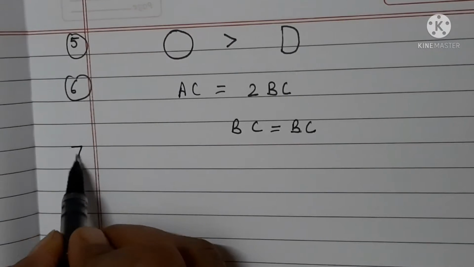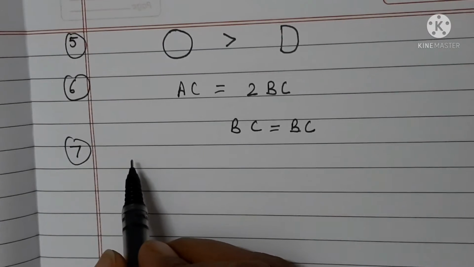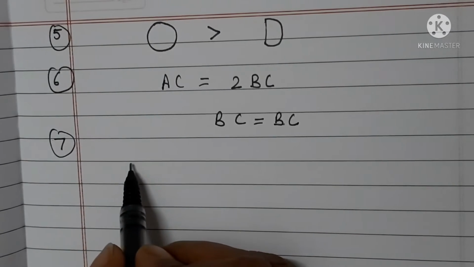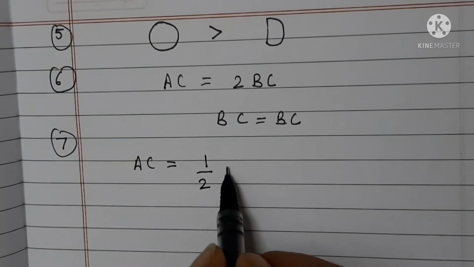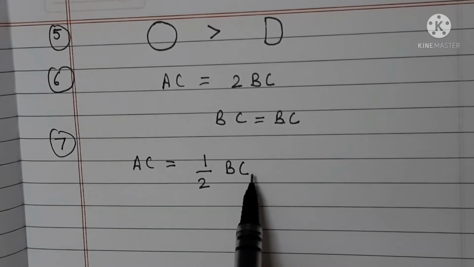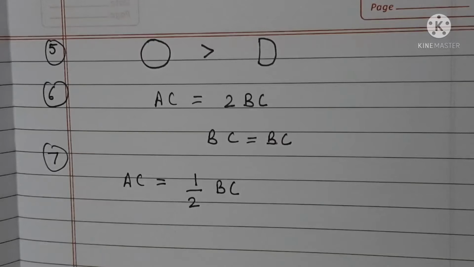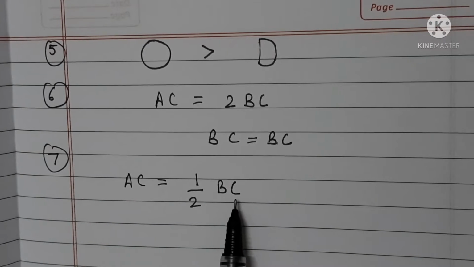Number 7, things which are half of the same thing are equal to one another. Suppose AC is equal to half BC.